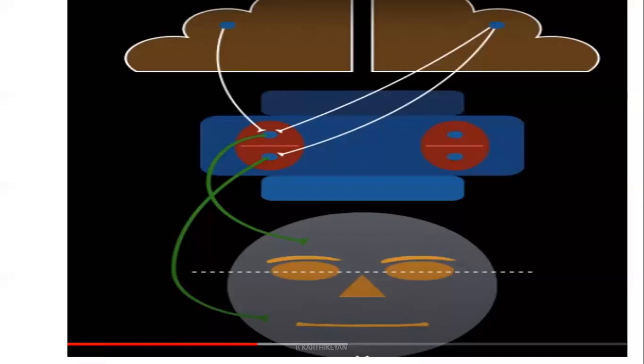Now similarly, the lower part of the face is supplied by the lower part of your nucleus. The lower part of the nucleus receives from only one side. Here it is from only the left side. So the left side nerve fiber is coming to the lower part of your motor nucleus, and it supplies the lower part of the face.